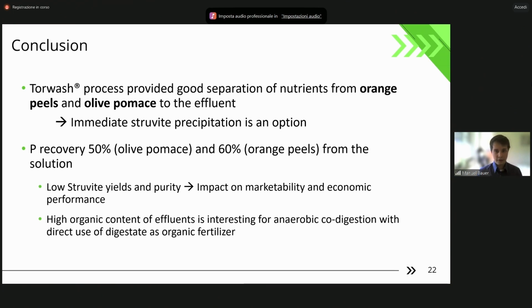And as we also saw before, the high organic content of the effluents is rather interesting for anaerobic co-digestion, and maybe the direct use of the digestate as organic fertilizer, because you saw that precipitation did not work that well from the effluents, and I didn't show this, but it also did not work well from the digested effluents.